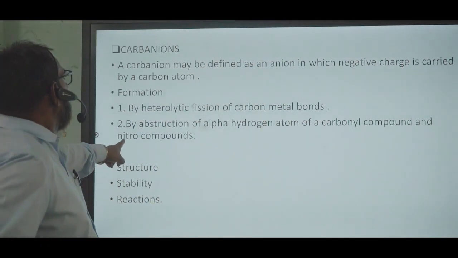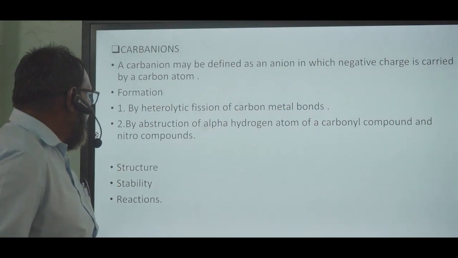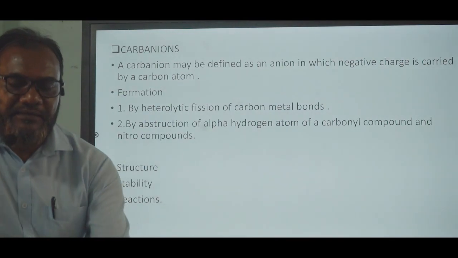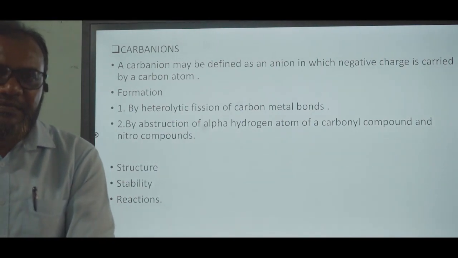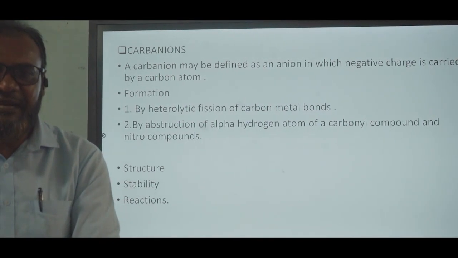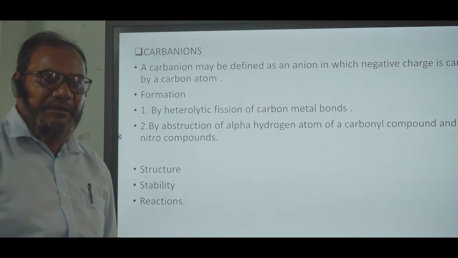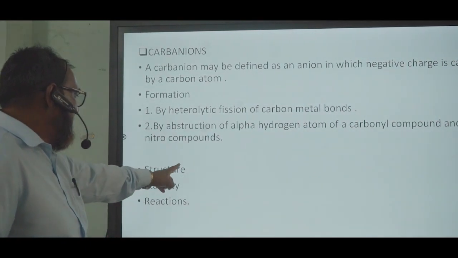Now, the structure of carbanion is that this carbon atom bearing the negative charge is sp3 hybridized, that is, it is pyramidal in structure.